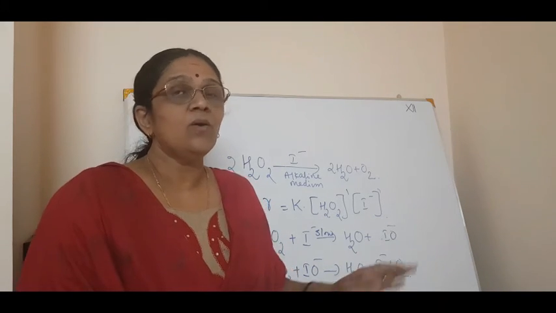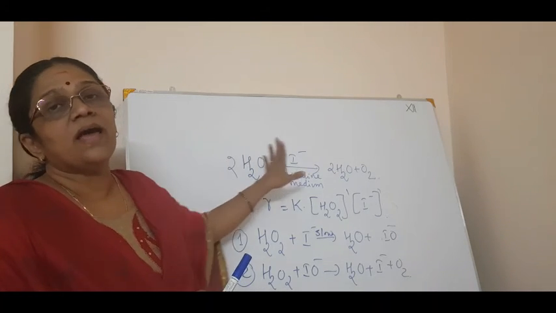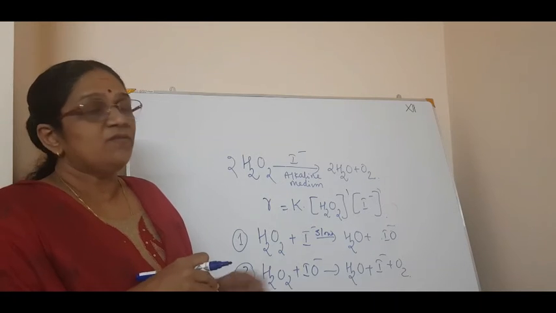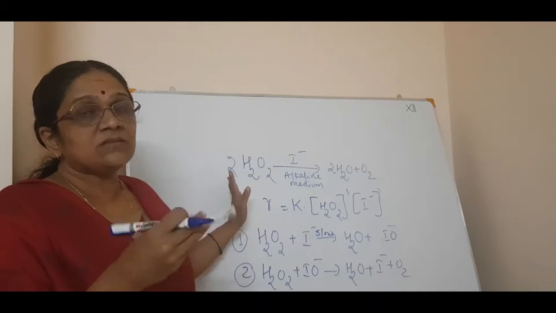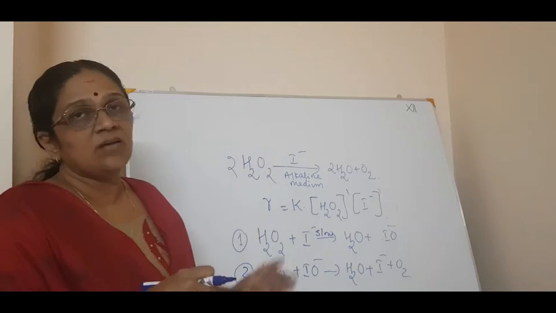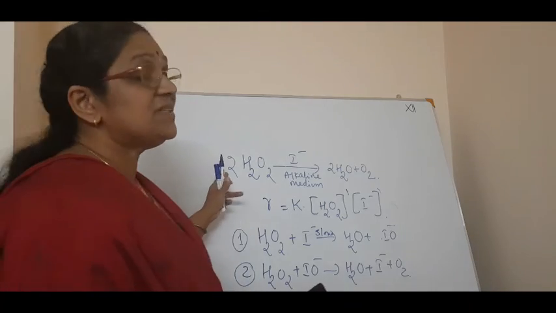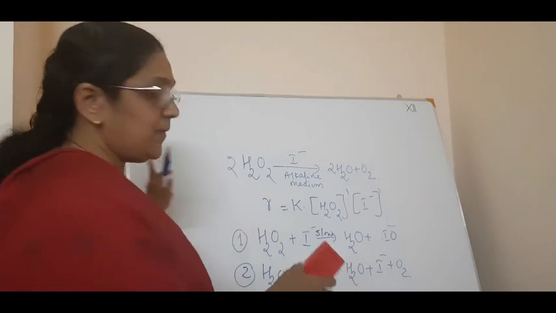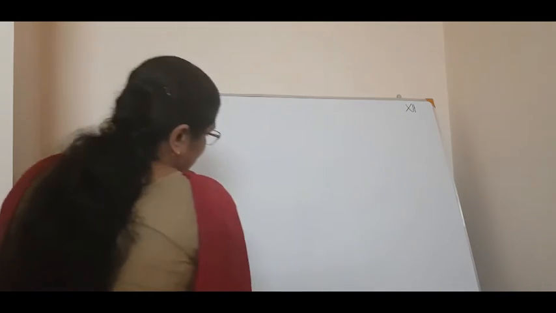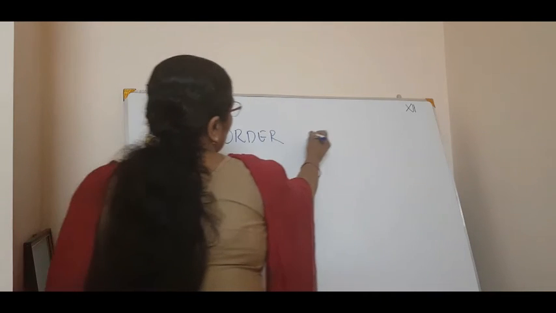Clear? Now we will see the comparison between order and molecularity. Always in board exams it will come. List 3 points to differentiate between order and molecularity. Now we will see 2 or 3 differences between order and molecularity.